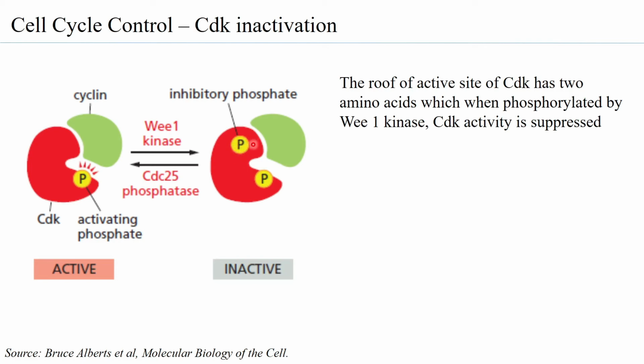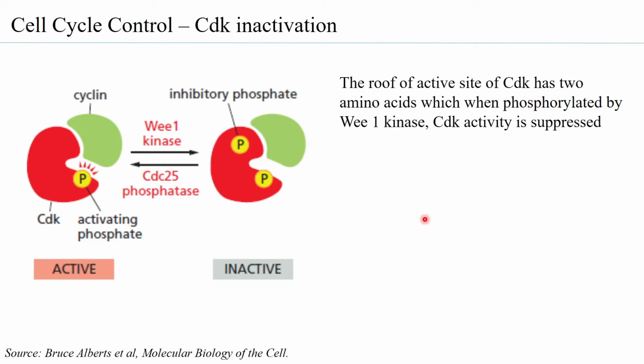When those two adjacent amino acids get phosphorylated, then the CDK cyclin is inactive. So although you have the activating phosphate, you have two phosphates which are inhibitory. Can this go back to the active stage? The answer to that is yes, it can.